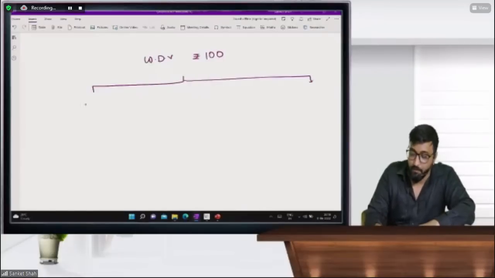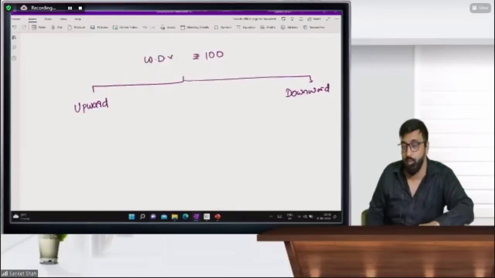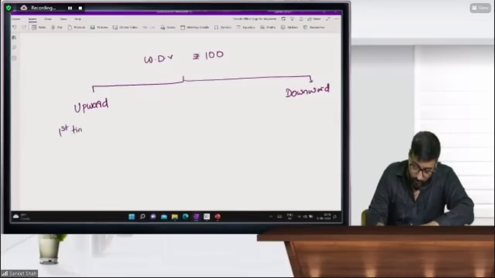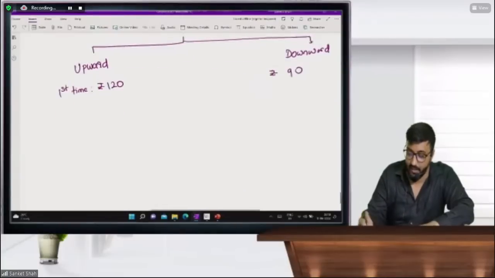Revaluation model: upward revaluation versus downward revaluation. First time, assume upward revaluation is 120 and downward revaluation is rupees 90.